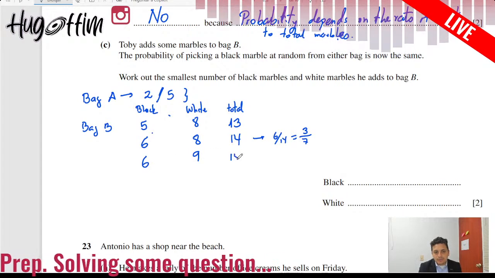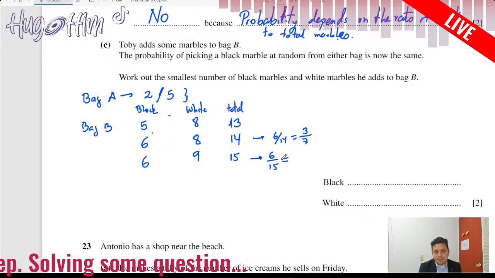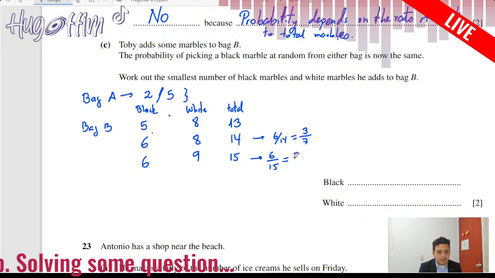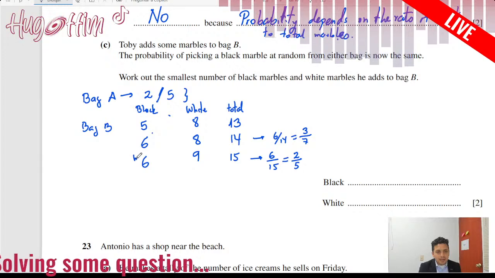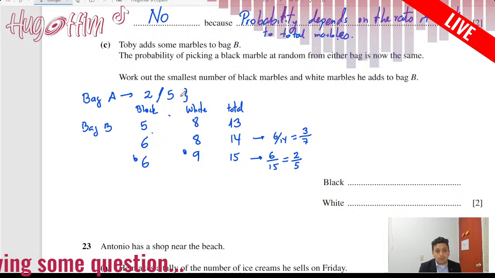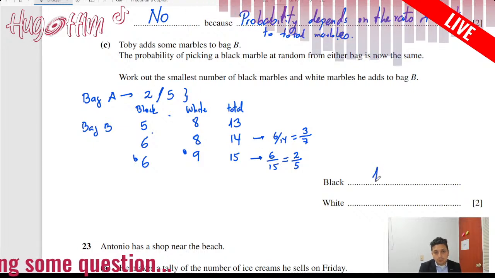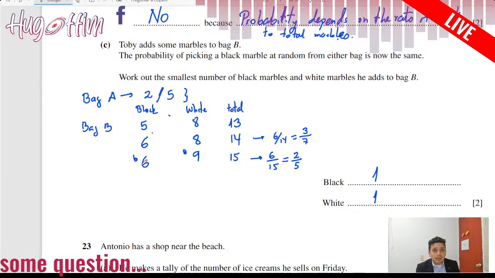So I get 15 in total, and the probability is 6/15. If I simplify by dividing by 3, it will be 2/5. So if I include 1 black marble and 1 white marble, I get equal probability, 2/5. So I'm going to put 1 black and 1 white. This is how you can answer this type of question.